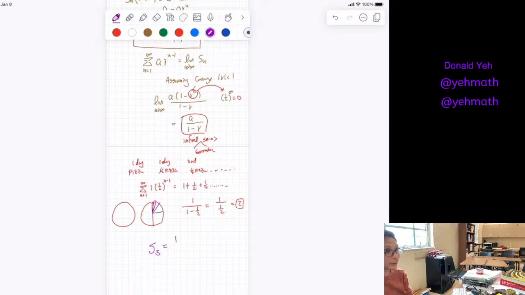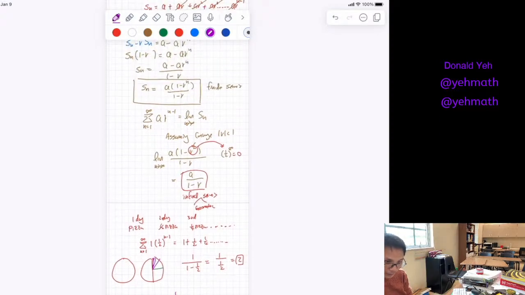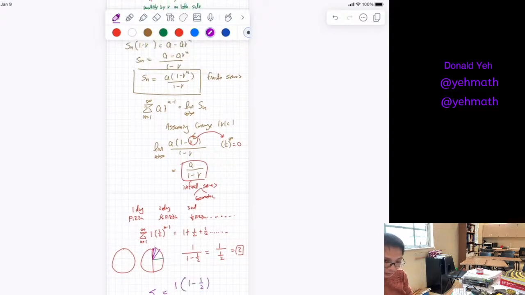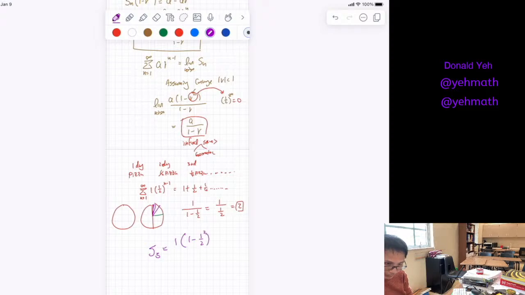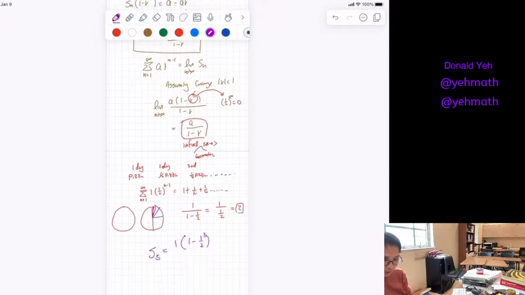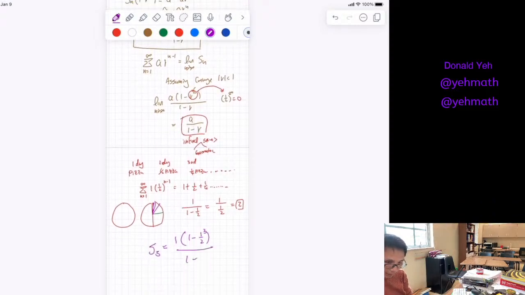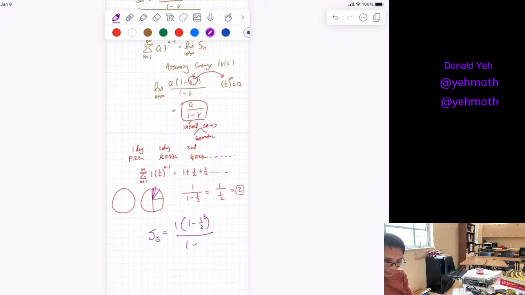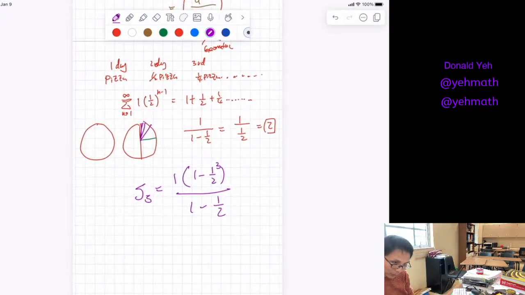A is 1, right? 1 minus half to the what? 3, right? Is that okay? And 1 minus what? 1/2. Is that okay? So that is going to be 1 minus 1/8 over 1/2.